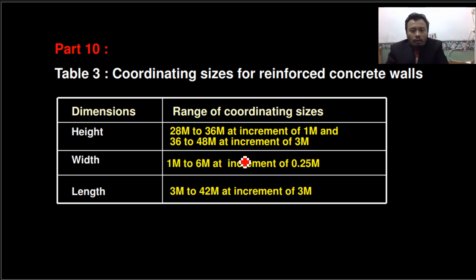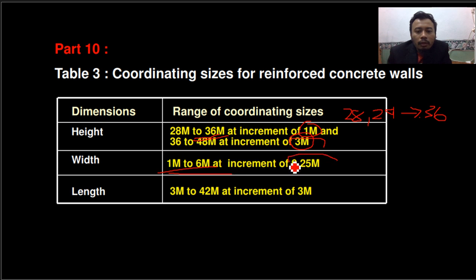When you are designing your prefabricated walls, your height needs to be in increments of 1 m if it is less than 36 m. So you have 28, 29, until 36. Beyond 36, you can have your increment by 3 m. Then your width is an increment of 0.25 m, and your length an increment of 3 m.